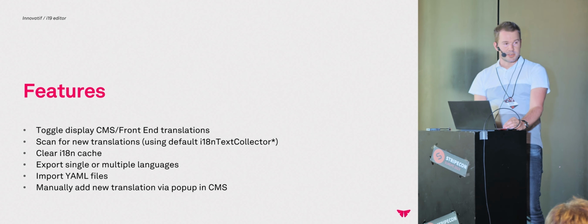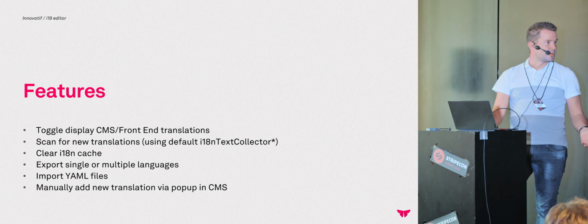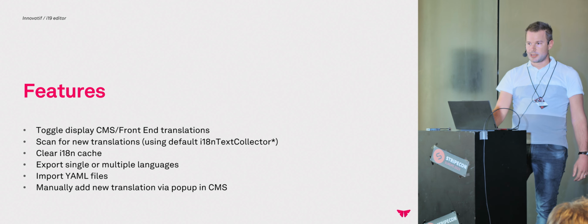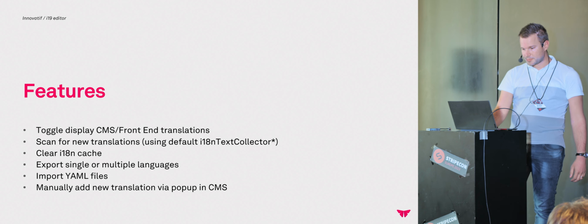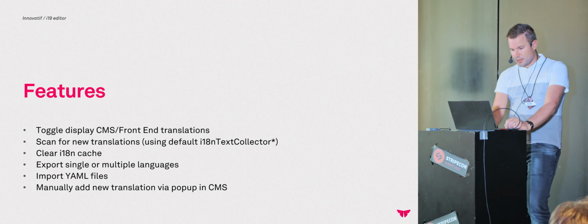So the main features of our new editor: you can toggle the front end or the CMS translations. You can trigger a scan for new translations in the files or templates. We still use the default i18n text collector.